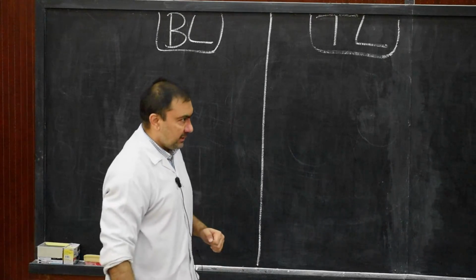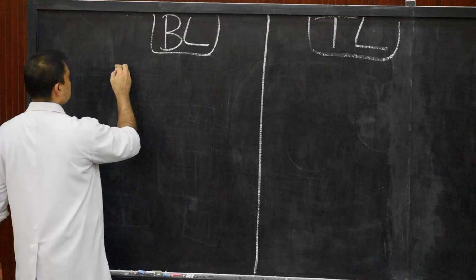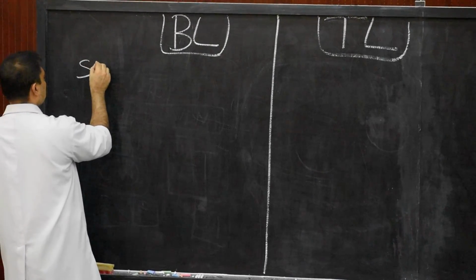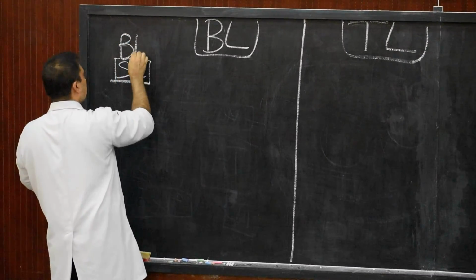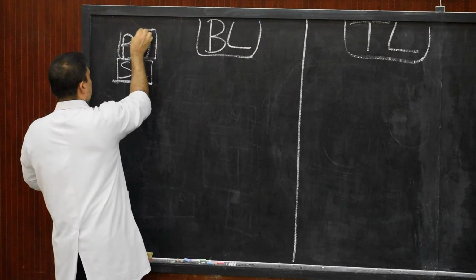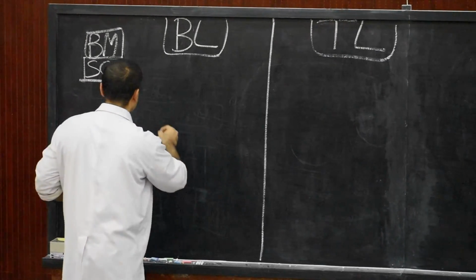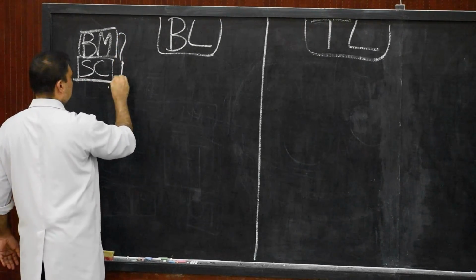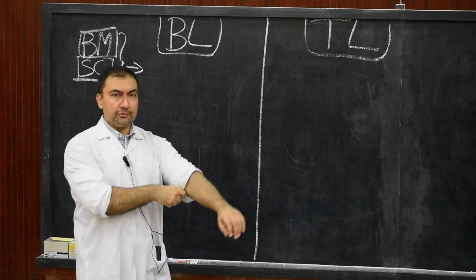First point will be the stem cells. Here I am going to draw the flow chart: stem cells from bone marrow, when they differentiate, will pass and settle in non-thymic lymphoid tissues.